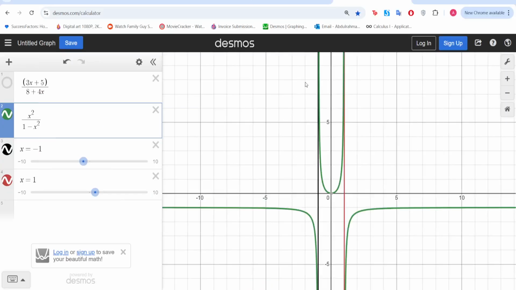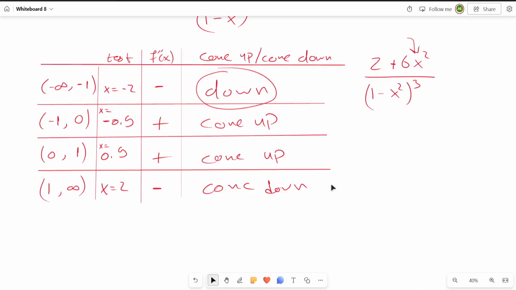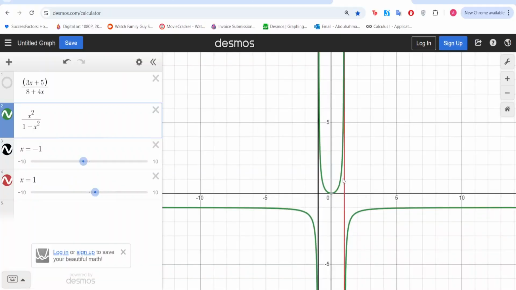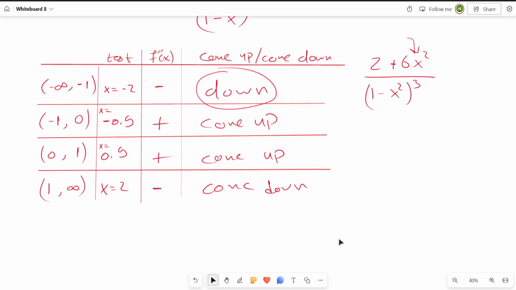Yes, it has a shape like this. And then between 0 and 1, it's also a concave up part, which is this part over here. And after positive 1, it has a concave down shape, and this is shown on the graph as well. So everything is basically showing what we expected.